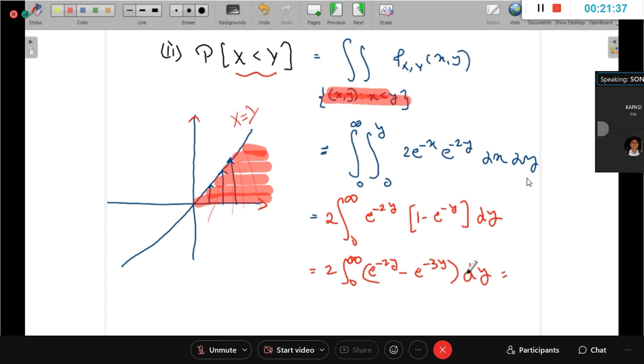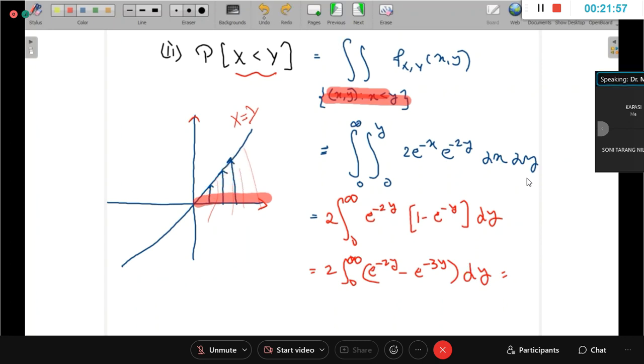Sir, wouldn't the region be the upper region? Yes, sir. Won't it be the upper one? Wait a minute. Yes, it's the upper region.